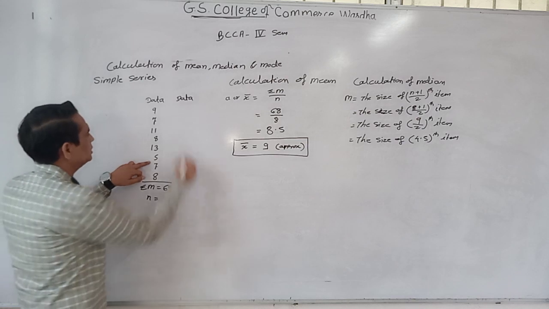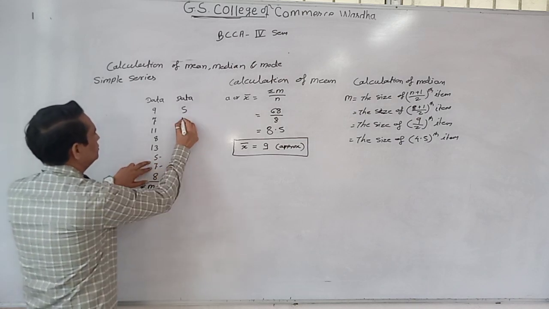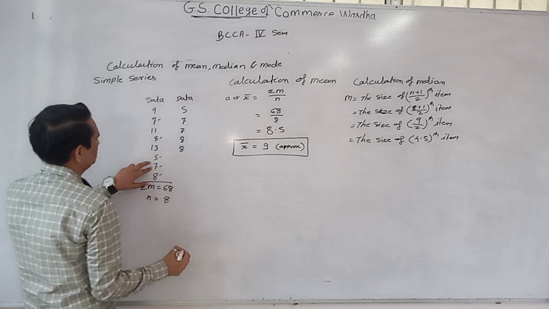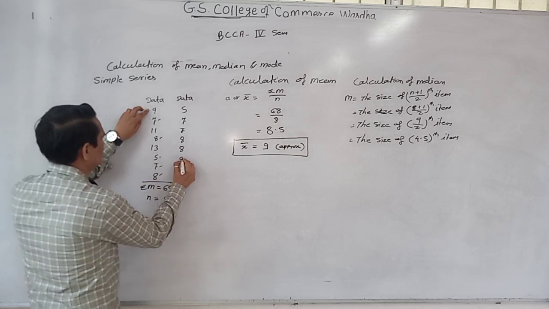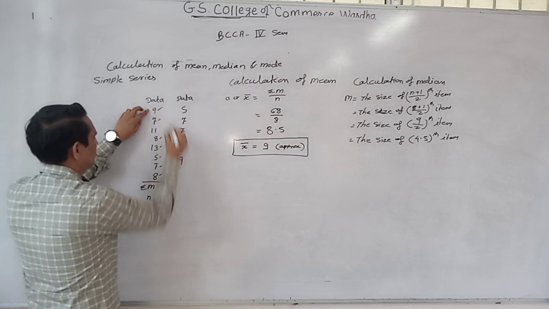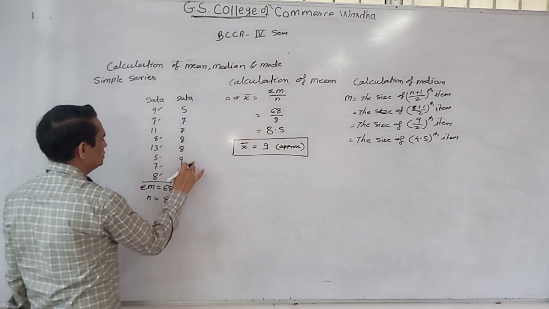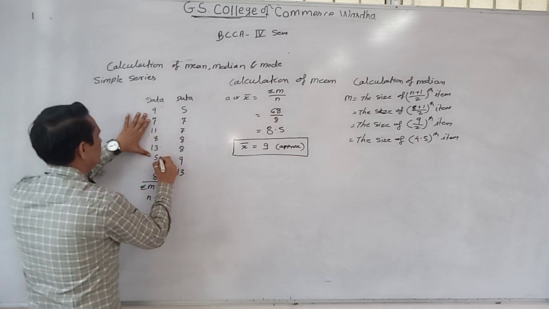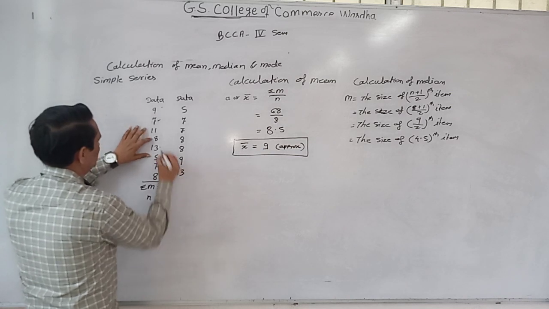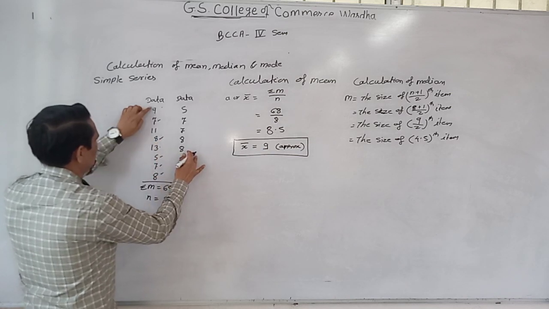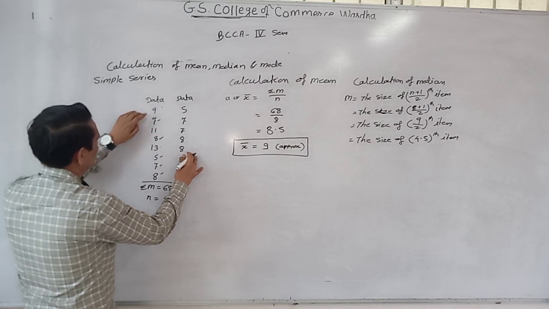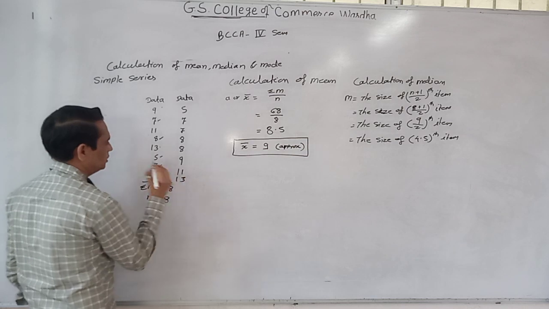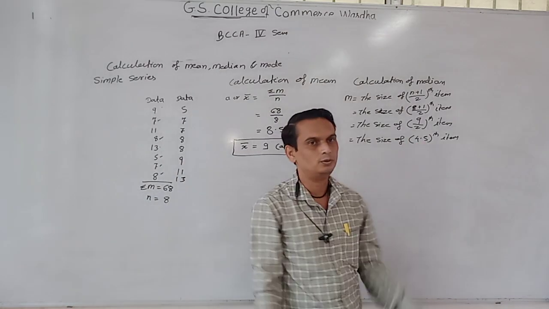So the lowest value is 5, then 7, again 7, 8, again 8, 9, 11 and 13. Counting: 1, 2, 3, 4, 5, 6, 7, 8.